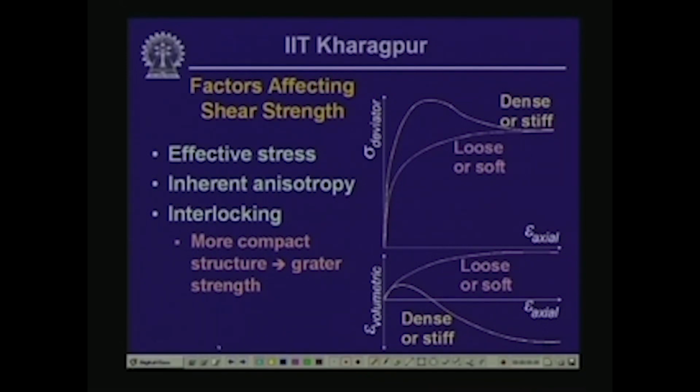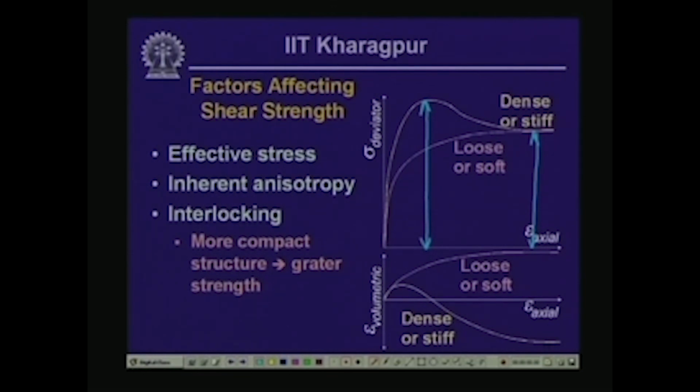Here, as is evident, in the case of a dense sample, the strength is much larger in comparison with the strength of a loose sample, and that is because of the dilatancy really, which is illustrated with the volumetric strain versus axial strain plot near the bottom of these two plots.